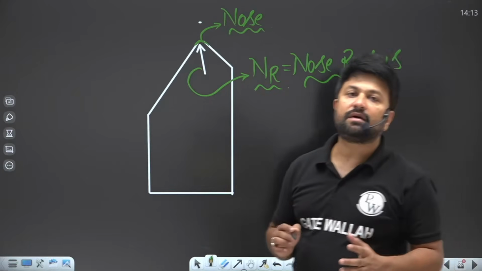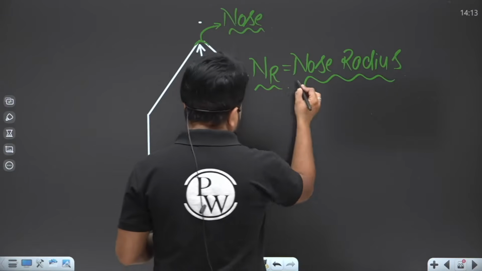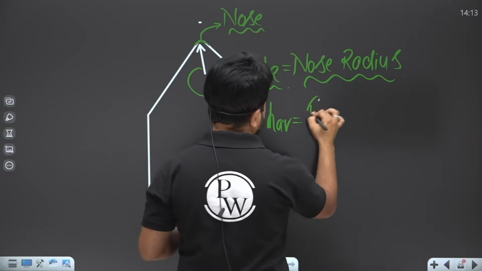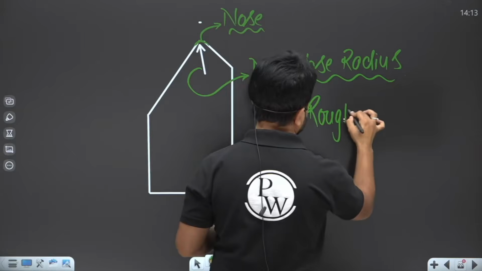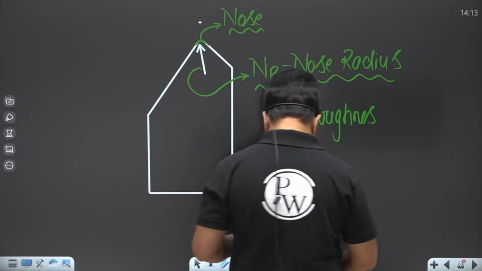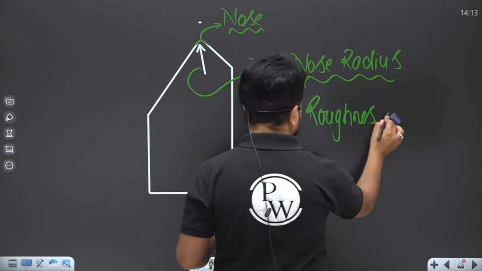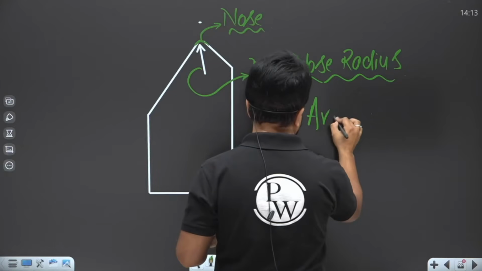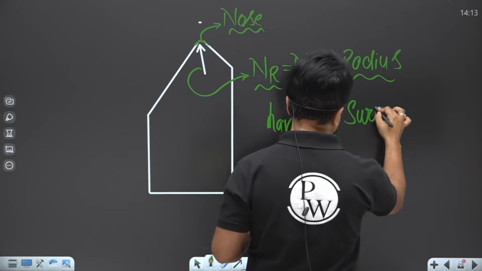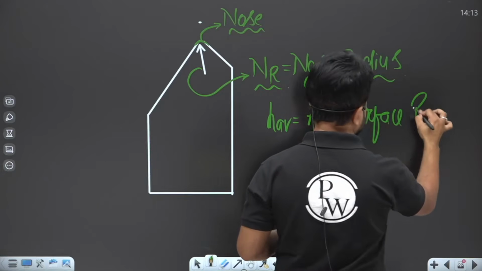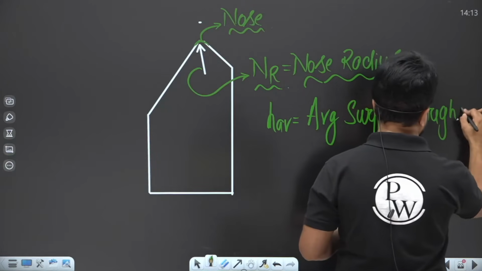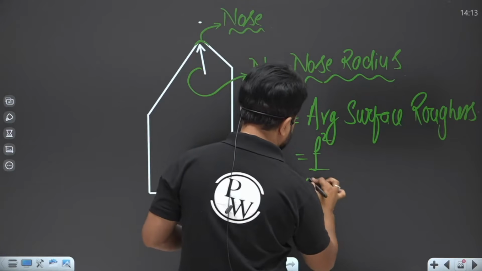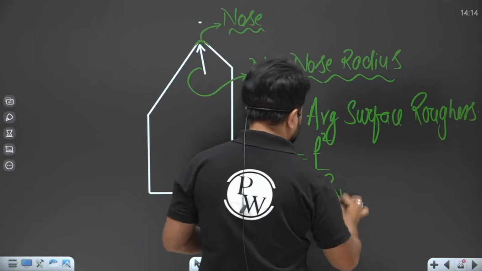Also it provides a better surface finish, because the average surface roughness is equal to F square by 8Rn.